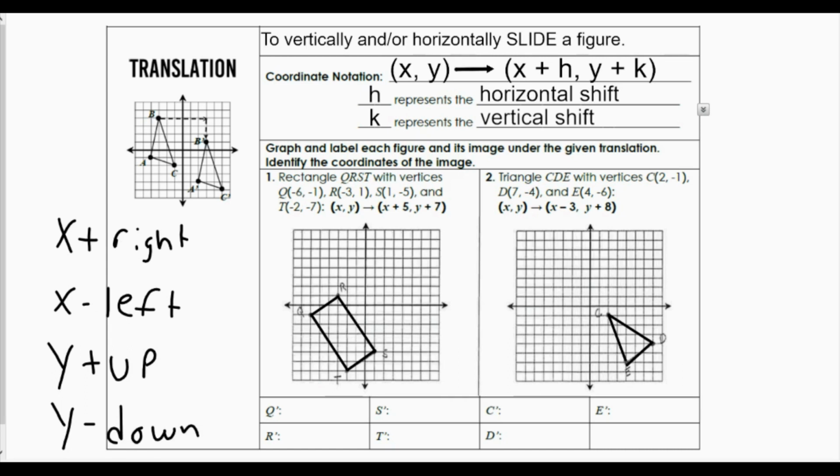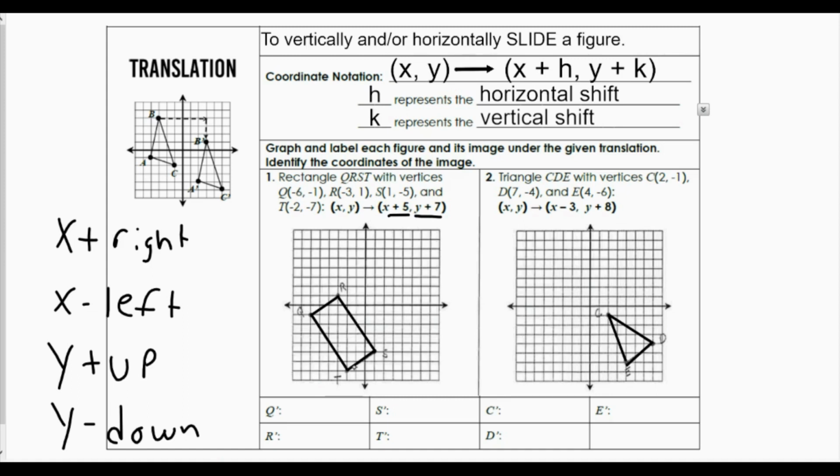Looking at my first example, I have rectangle QRST with the following vertices. I want to move it x plus 5 and y plus 7. That tells me I want to pick up my figure and move it to the right 5 and up 7, which is what I'll do. I'll take each point of QRST, count 5 spaces to the right, and then 7 spaces up.